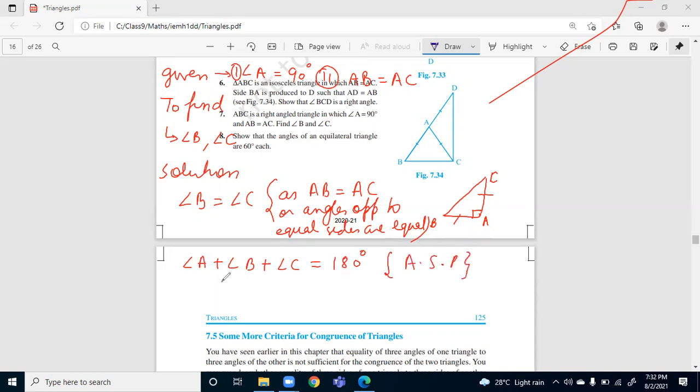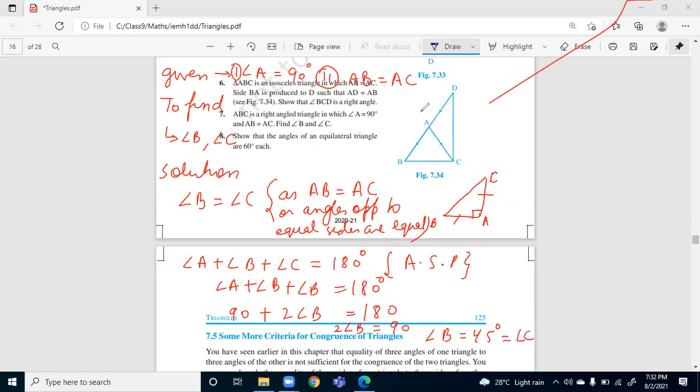In place of C, I am writing B, and in place of A, I can write 90. So twice of angle B is equal to 90, or I can say angle B is equal to 45 degree and angle C is also equal to 45 degree.